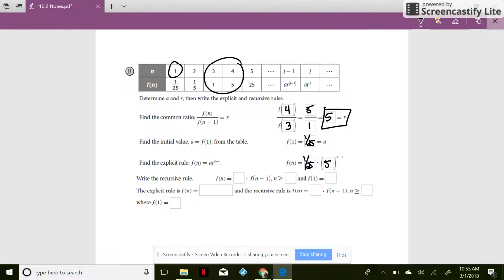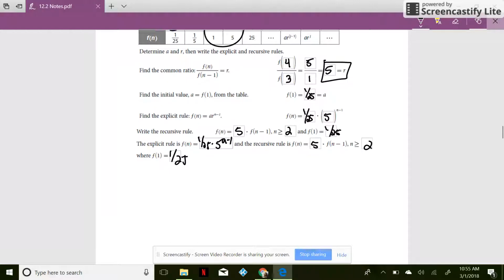Our recursive rule, f of n is equal to our common ratio, 5 times f of n minus 1 for n greater than or equal to 2, and f of 1, our original position, is 1 over 25. So again, rewriting it, f of n is equal to 1 over 25 times 5 to the n minus 1 for the explicit. Recursive rule, 5 times f of n minus 1 for n greater than or equal to 2, and f of 1 is 1 over 25.